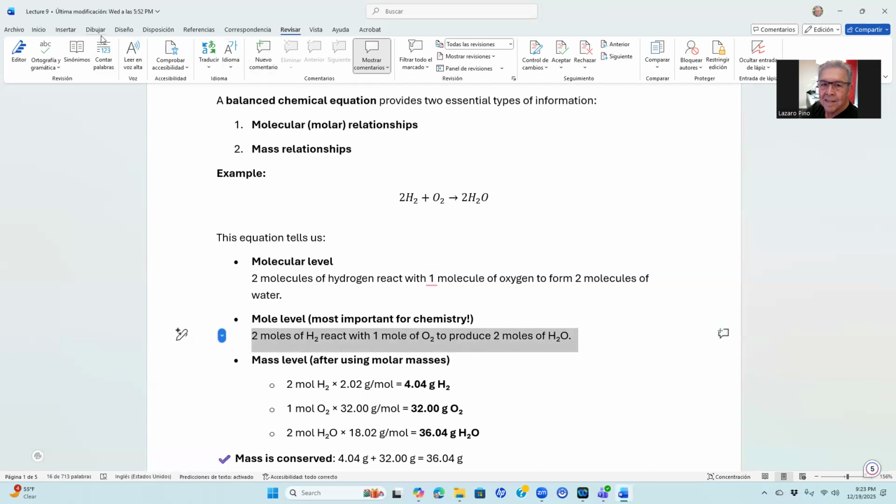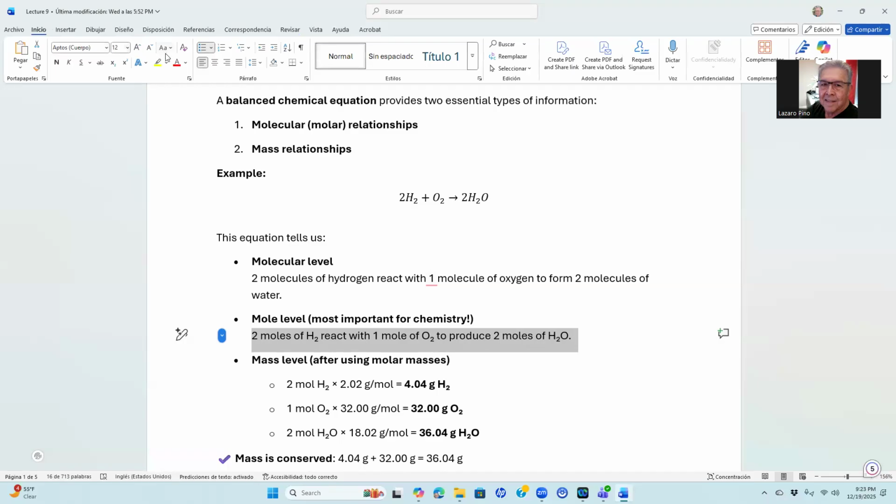As you can see here, 2 moles of hydrogen produce 2 moles of water, but 2 moles of hydrogen react with 1 mole of oxygen. This is the information that you get from the equation.